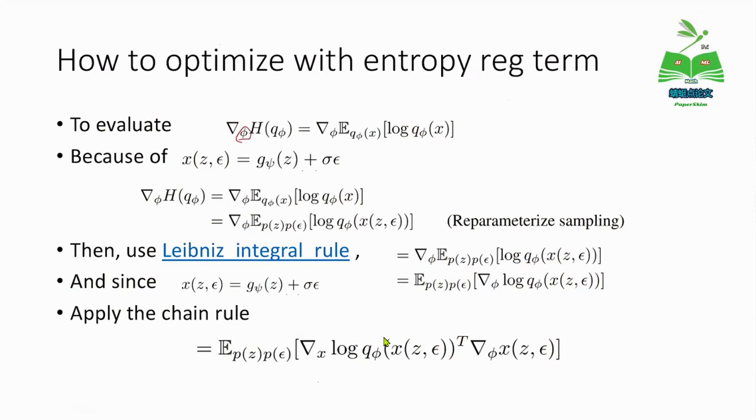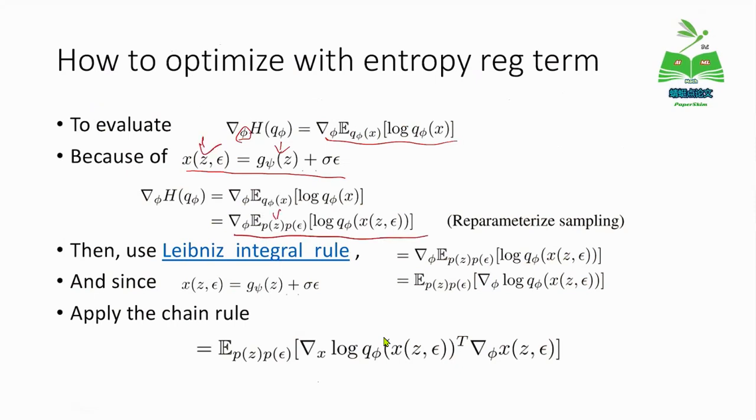They need to optimize over the generator's parameters. So they write the definition, and because it's reparameterized, we have the generator producing the generated X plus some noise. So we can write it in this way.